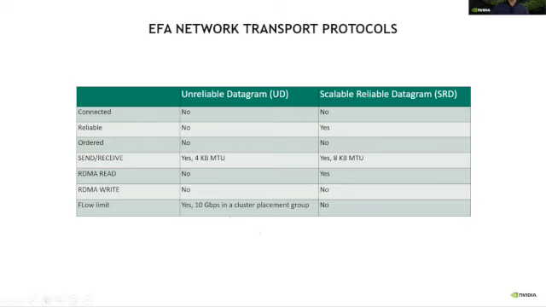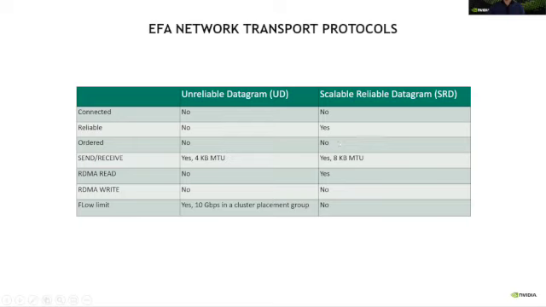But the more interesting and more important transport for EFA is the scalable reliable datagram, or SRD, which has been specifically designed by Amazon for EFA. Similar to UD, it's a connectionless protocol, but unlike UD, it is reliable. The hardware provides the reliability, so the high-level communication protocols don't have to worry about packet drops, retransmissions, and things like that. But it doesn't provide any ordering guarantees, and that means that the packets can and will most certainly arrive out of order at the receiving side.